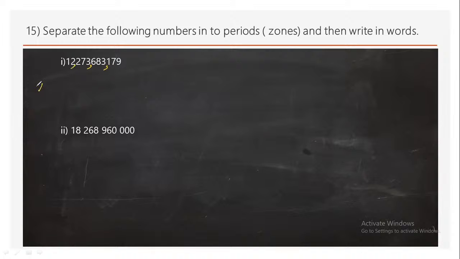12. First of all, we have to separate into zones and write. 12, 273, 683, 179. So this is the billion zone.